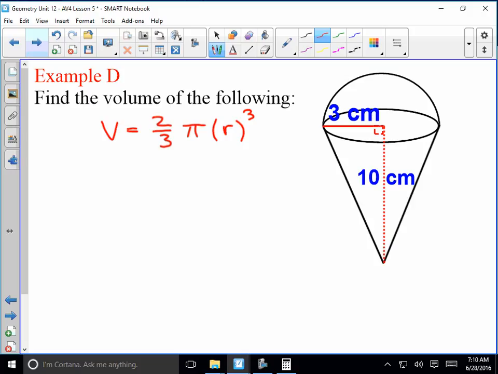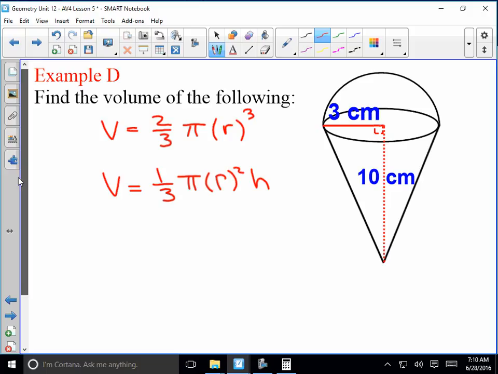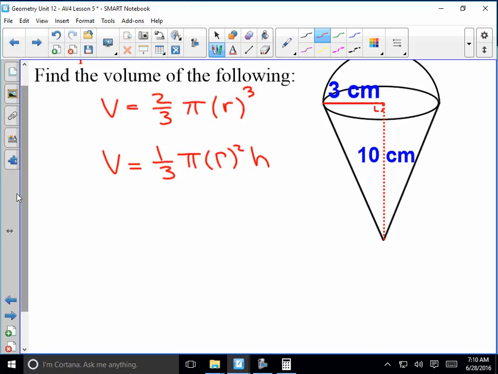And then we've got the volume of a cone. From before we saw the volume formula for a cone, 1/3 area of the base, pi r squared, times the height of the object. So we're going to be putting these two pieces together to get our solution.